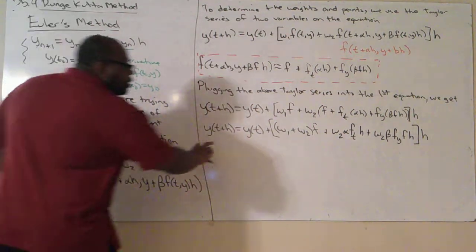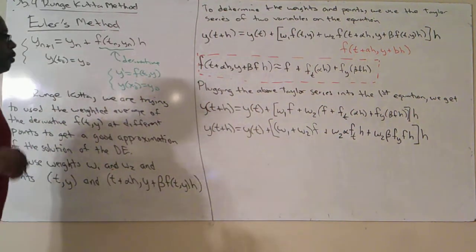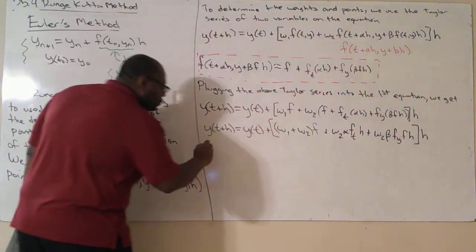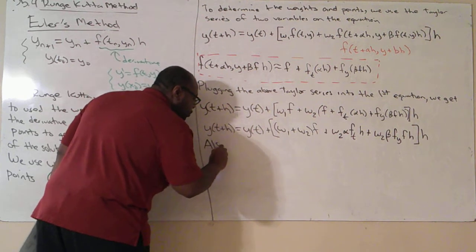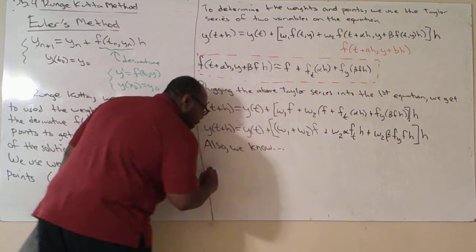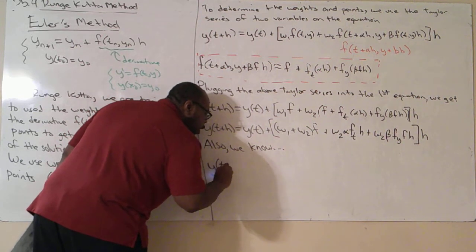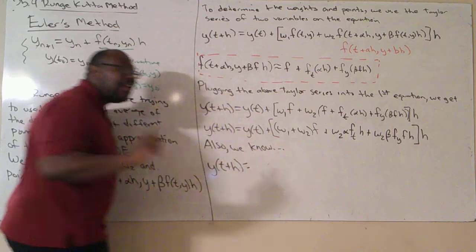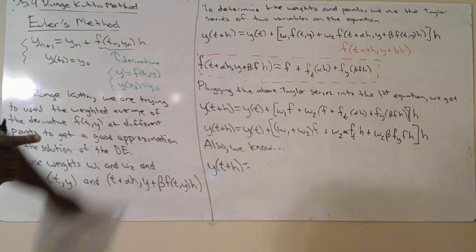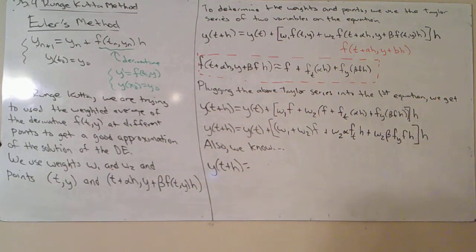We know that our solution looks like this. Y of t plus h is equal to y of t plus all this garbage. But also, we know that I can write y of t plus h as its own Taylor series in terms of a single variable, just t.